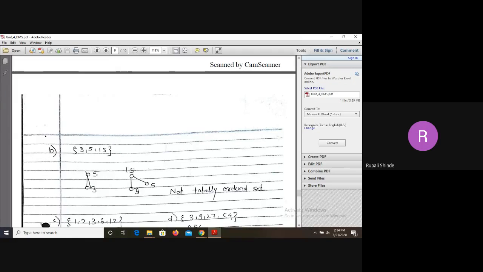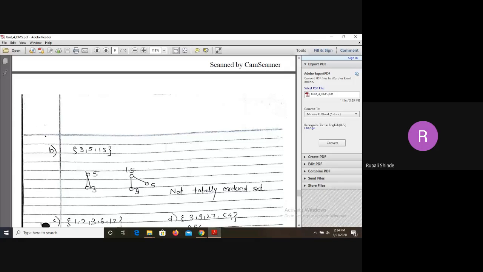That's why 15 is placed at this place, and there is a line from 3 to 15 and 5 to 15. But between 3 and 5 we cannot place any line because 3 cannot divide 5. So this does not form a chain of elements. That's why this is not a totally ordered set.